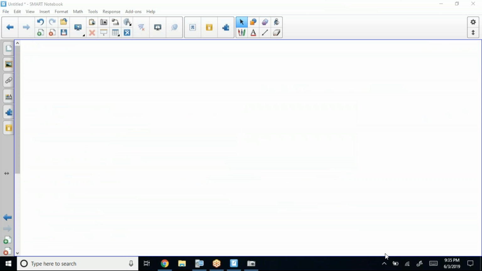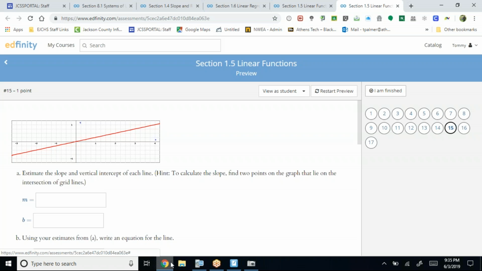Okay. What's your question? Would the points on the line be mx? I mean, because it says estimate the slope and vertical intercepts of the line.